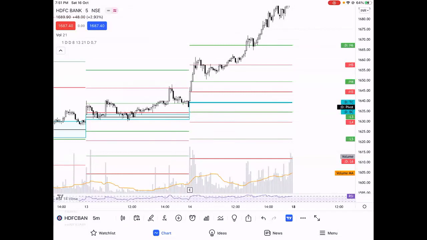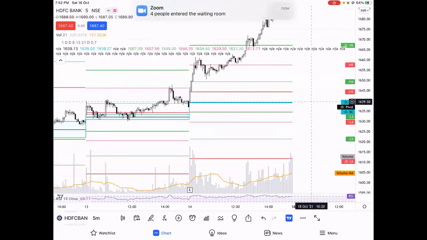But what we are going to talk about is what is actually the function of every Camarilla point, what you see right now in the chart, and how you can interpret the same when you are in live markets, correct? So let's check it out here first.